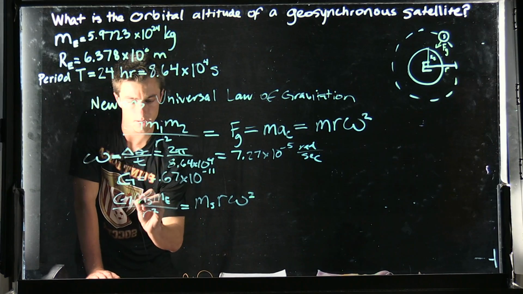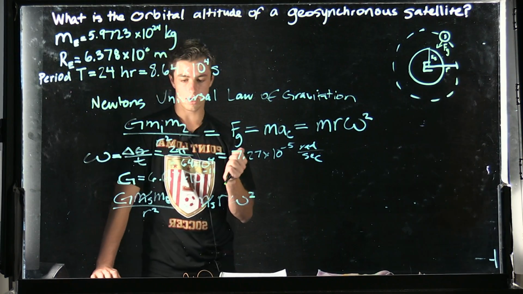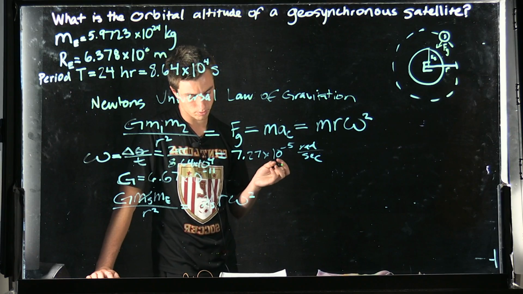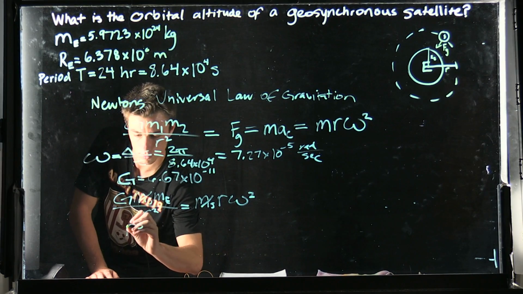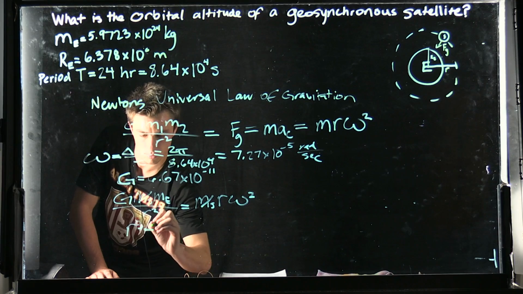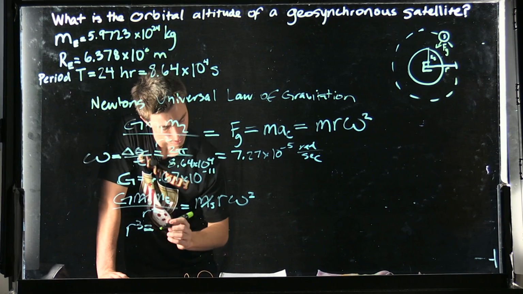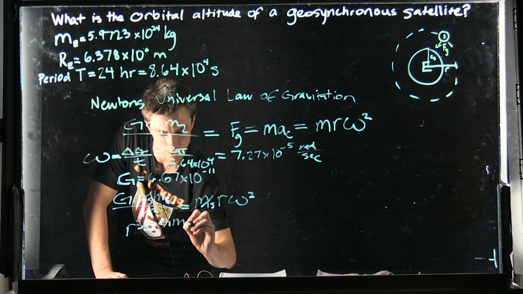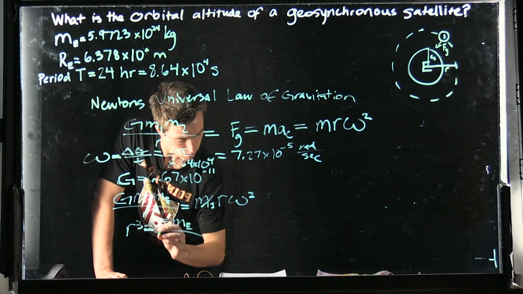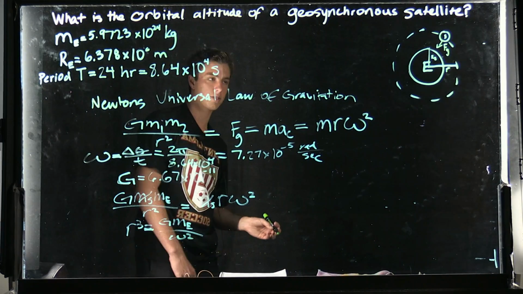We can cancel out the mass of the satellite on both sides, and eventually we will get r cubed equals the gravitational constant times the mass of the Earth over angular velocity squared.